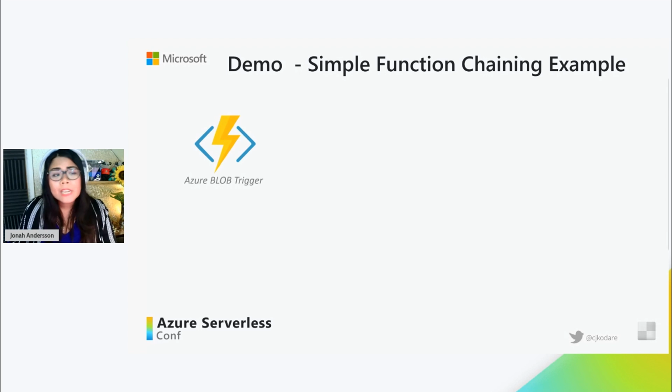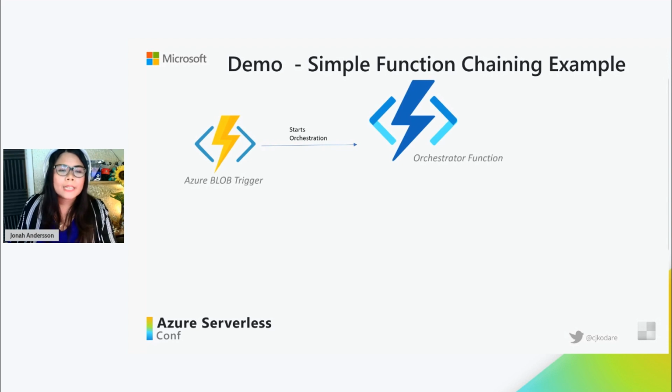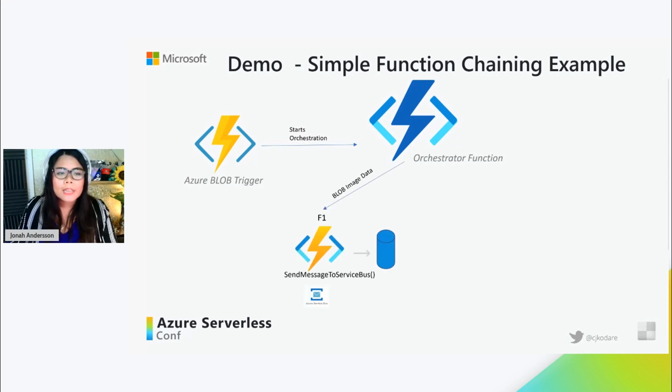I have an Azure blob trigger, which is my client function, the starter function. And then it kickstarts my orchestrator, where I have my workflow, which is the function chaining. Then I pass my blob image data into my first function, which creates and sends a message to the service bus as a queue.